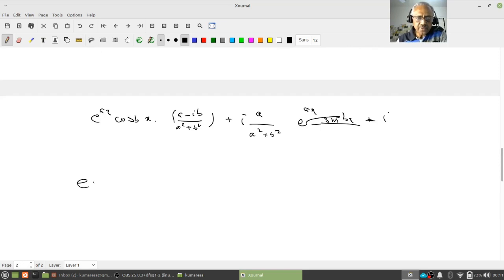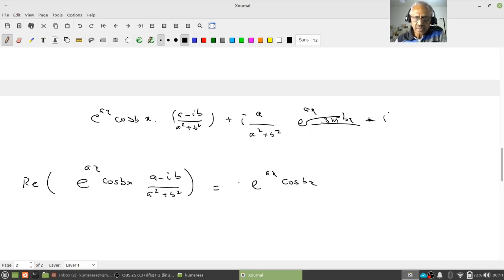So I have e power ax cos bx times a minus ib by a squared plus b squared. Therefore what is the real part of this? Remember, a and x are real, therefore e power ax is real, cos bx is real, a by a squared plus b squared is real, but after that I multiply with minus I, which will be common. Therefore this is nothing other than e power ax cos bx times a by a squared plus b squared.